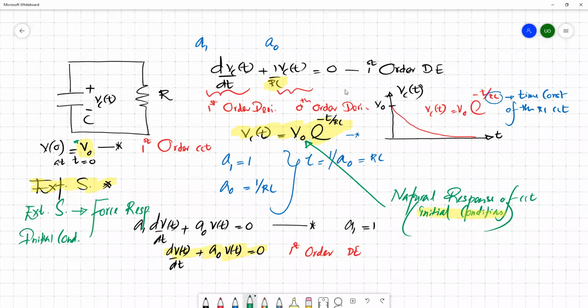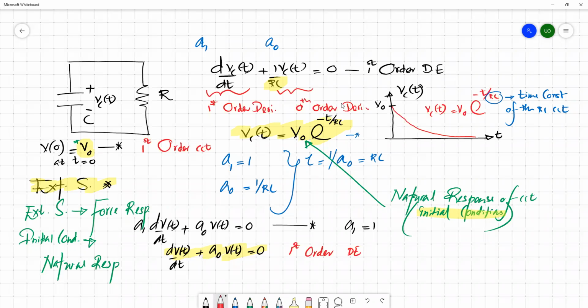What if you have a capacitor or inductor having non-zero initial conditions? The contribution from these initial conditions is known as the natural response of the circuit. So we have two responses: one is the forced response, the other is the natural response.